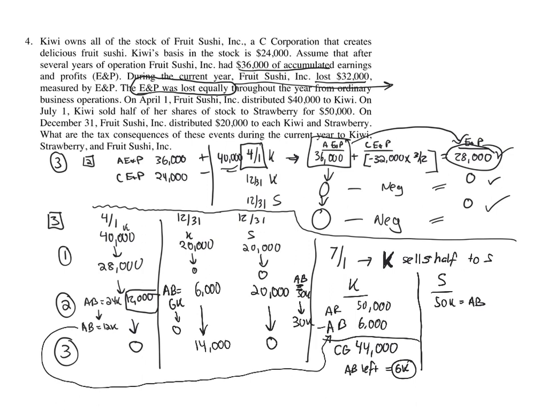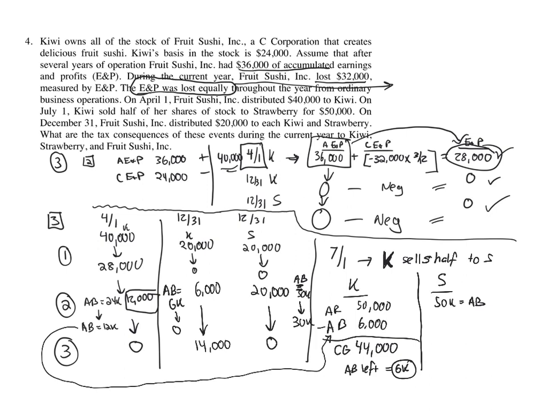I'm not going to do the accumulated E&P analysis on here, but I'll explain how to do it. You take the accumulated E&P given to you and the current E&P given. Accumulated E&P given to you is positive 36,000. Current E&P given to you is negative 32,000.